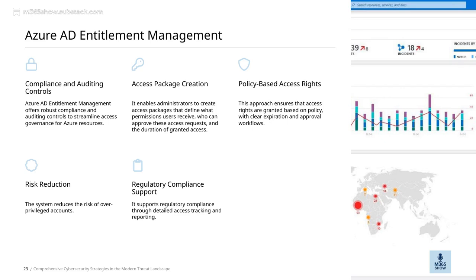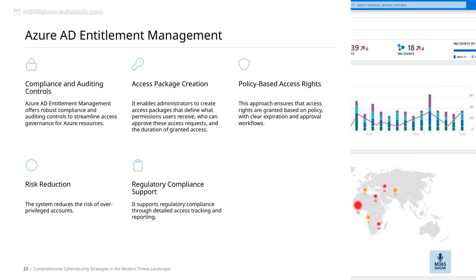It also ensures that access rights are granted based on policies, with clear workflows for expiration and approvals. This approach keeps access tightly controlled and aligned with our security policies. Furthermore, administrators can create access packages that specify exactly what permissions users receive, who approves access requests, and how long access is granted. This makes managing permissions straightforward and transparent.